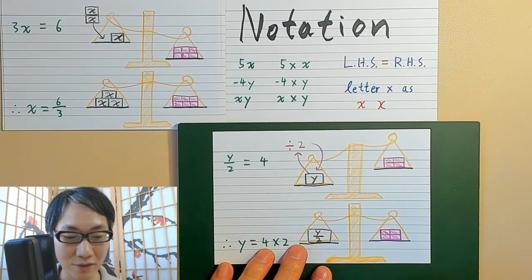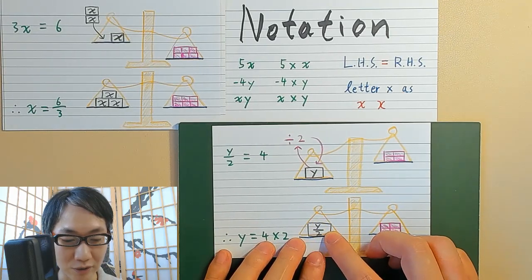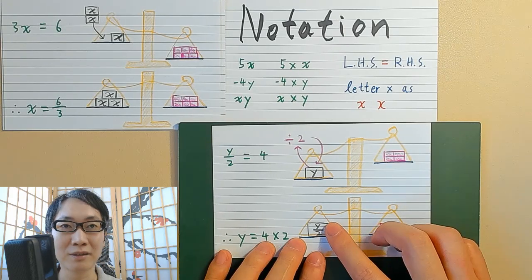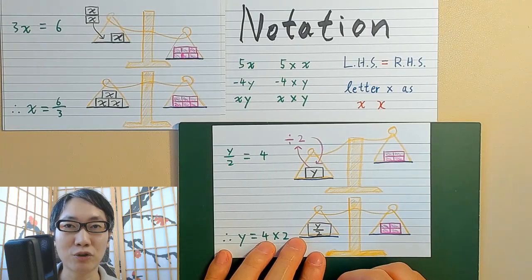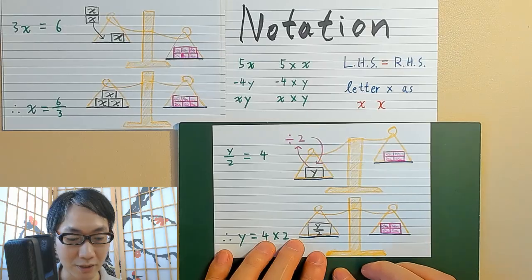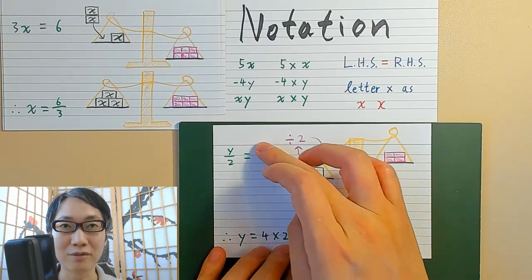After that, we relabel it as y over 2, because now we divide the unit masses inside y into 2 equal portions and then put one back. And now it's equal. This is the equation.